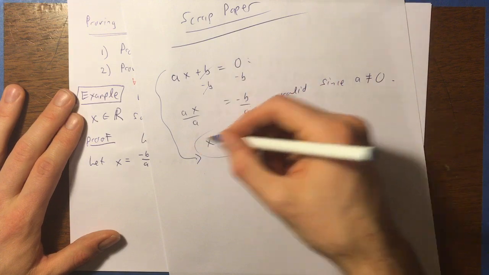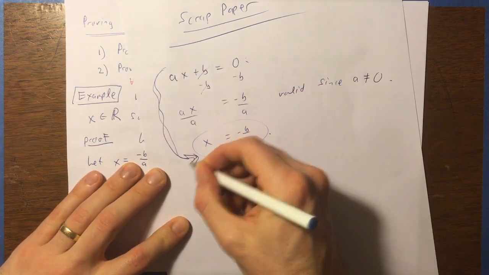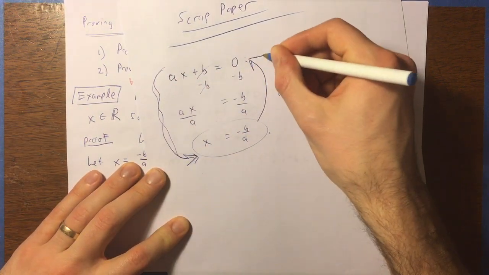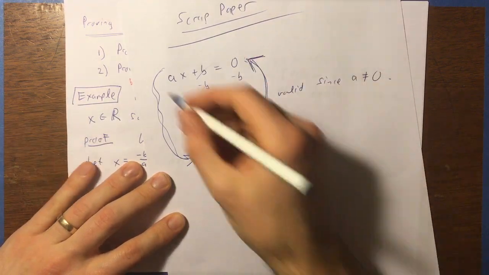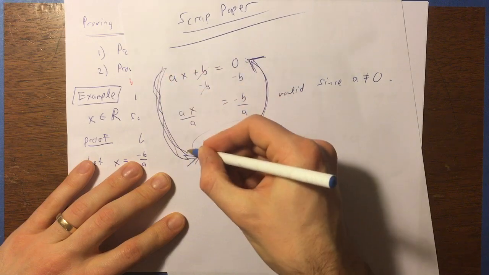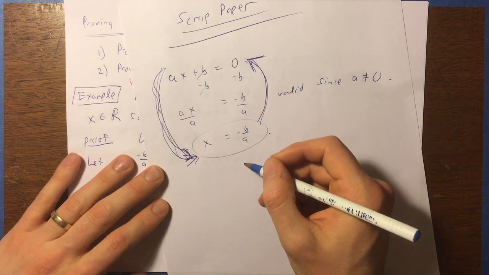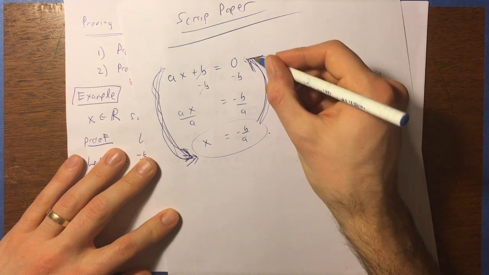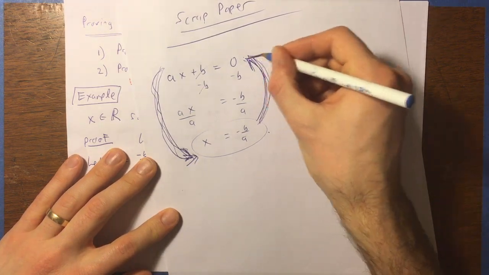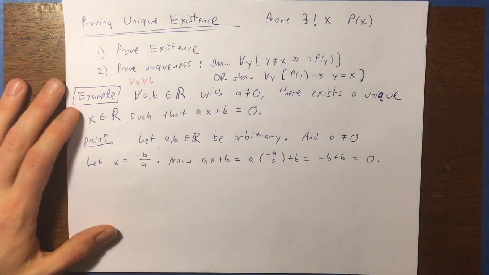You figure it out in this direction, and then you present it in that direction, because that direction is the direction the logic flows. This is the direction that your problem-solving process flows, but the actual proof needs to go that direction.